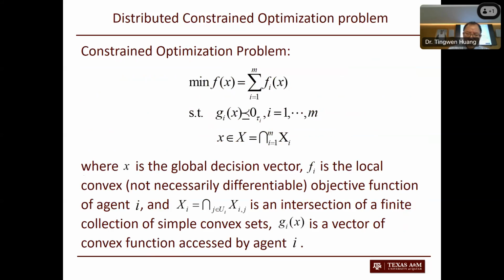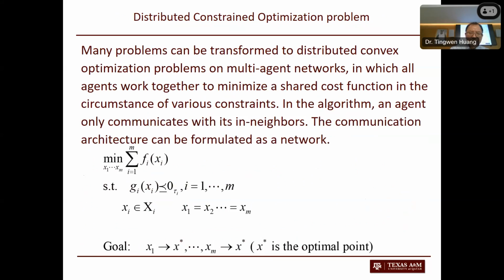Gi is a vector of convex functions accessed by agent i. Basically, many problems from engineering and computer science can be transformed to distributed convex optimization problems on multi-agent networks in which all agents work together to minimize a shared cost function in the circumstance of various constraints.